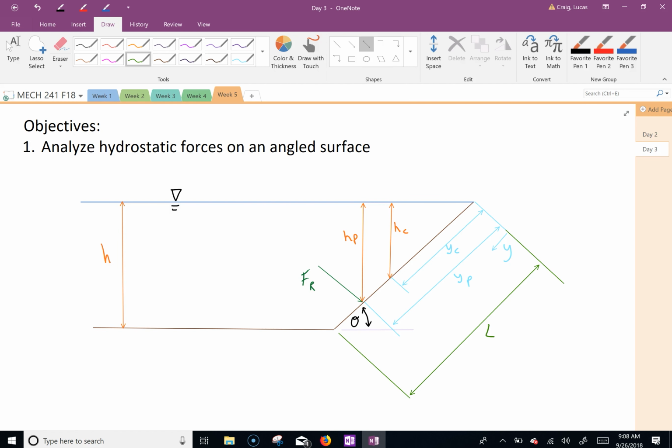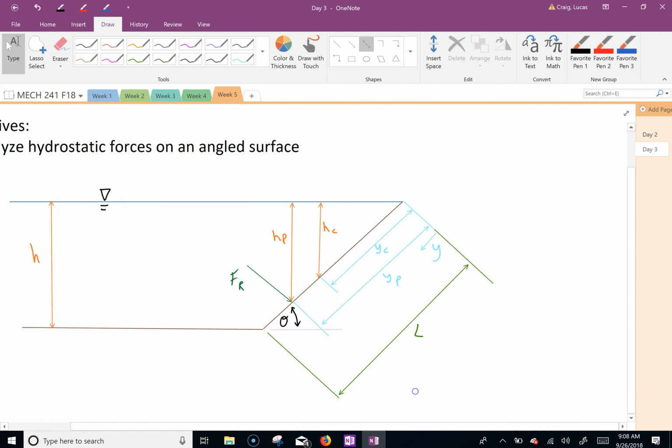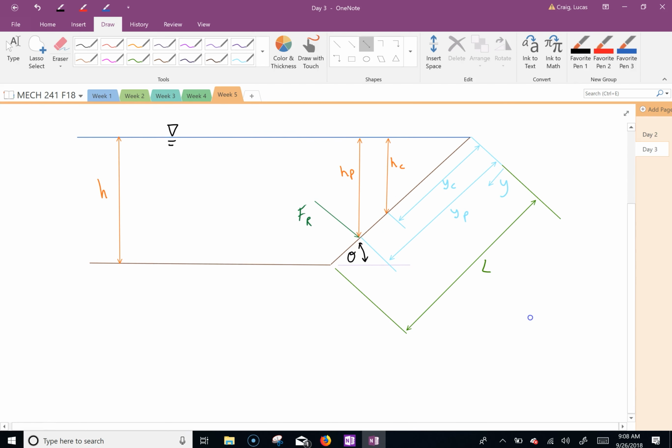So let me draw this over here for you. Actually, I can probably do it underneath. This is YC. This is HC. Here's the angle. So therefore, sine of theta is HC over YC.